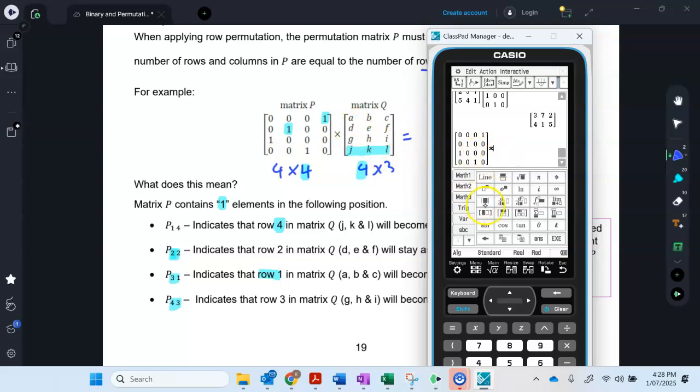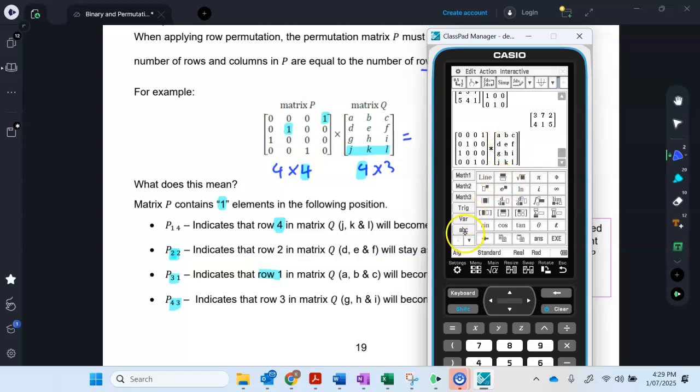All right, so this is a 4 by 3. So doing that, we've got A, B, C, D, E, F, G, H, I, J, K, L. And yeah, sometimes it doesn't work. It's really frustrating.